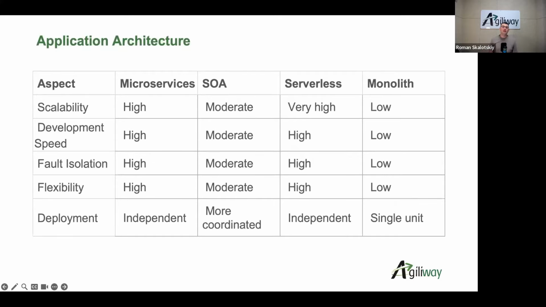The component styles include maybe the monolithic, microservice, serverless, and the SOA. Let's review each of them and compare them.